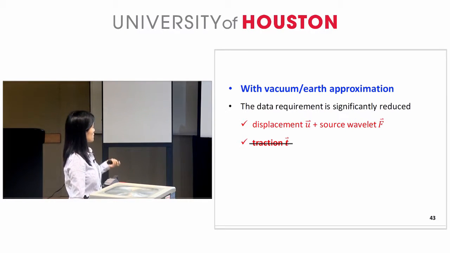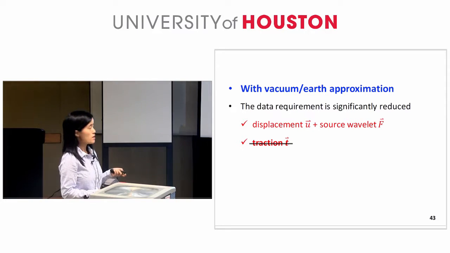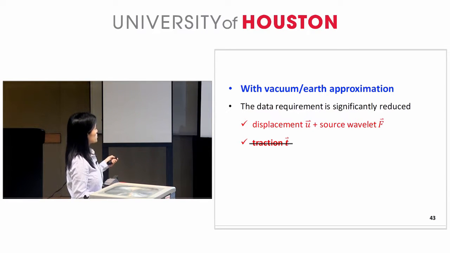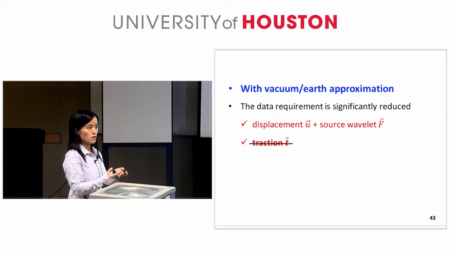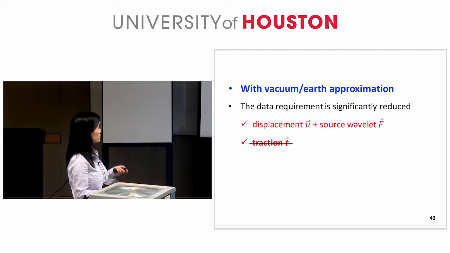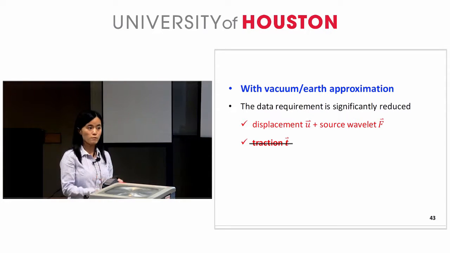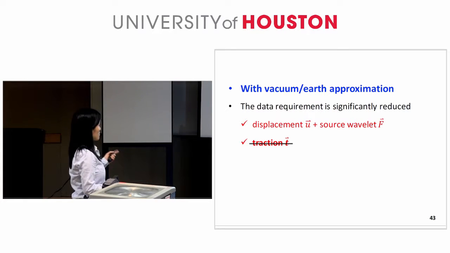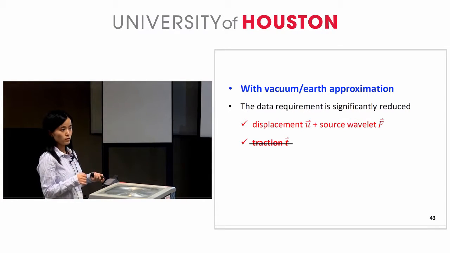What you need is a multi-component displacement U and an approximate source wavelet F. The multi-component displacement U is available for the current leading edge onshore acquisition, and the source wavelet can be approximately estimated with the base plate of the vibroseis. So the most important thing here is there's no need for the traction anymore.